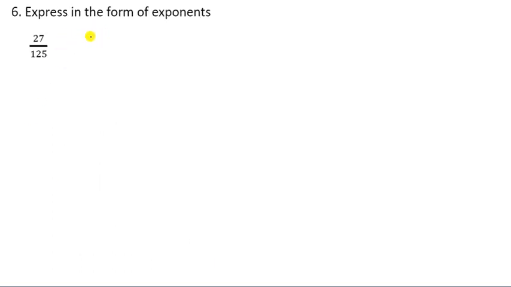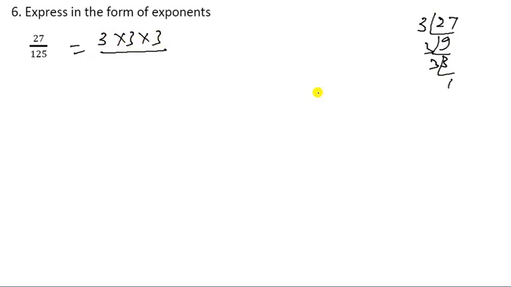Now express in the form of exponent. So you can see here 27. 3 nines are 27, so 3 threes are 9 and 3 ones are 3. So 27 you can say is 3 into 3 into 3.